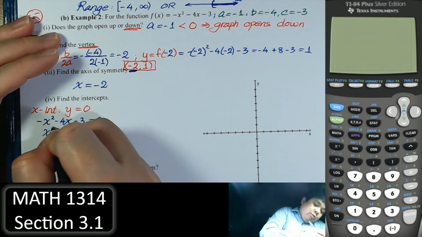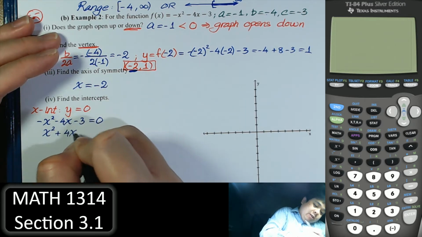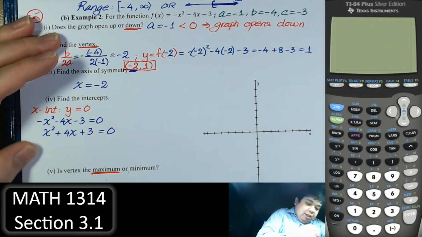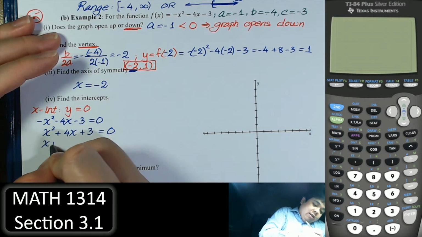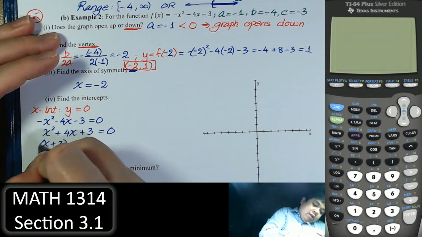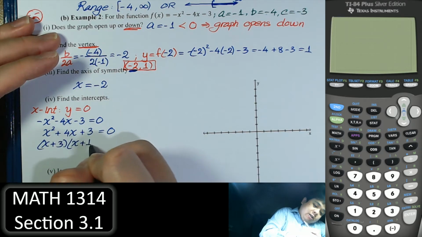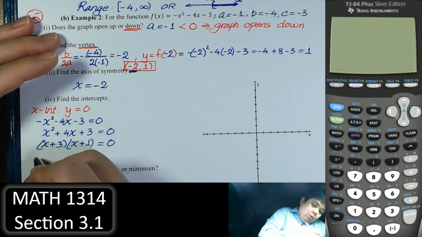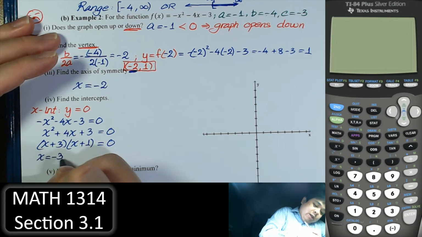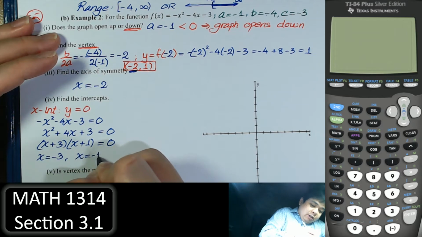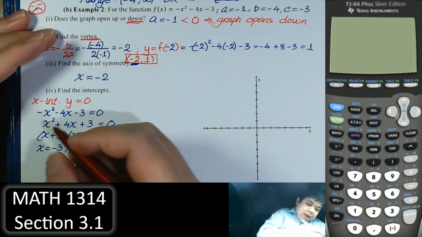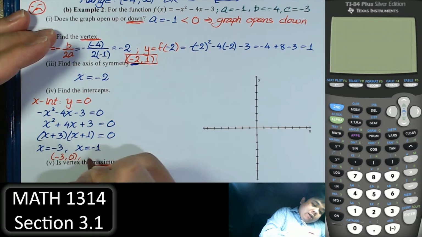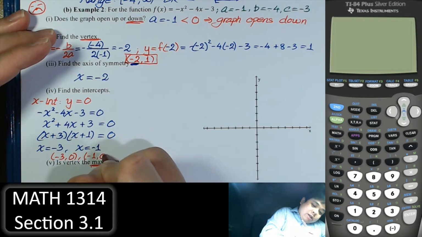All of this turns to positive. And we will have the factors of x plus 3 and x plus 1. So we have x equal to -3 and x equal to -1. So the x-intercepts are -3, 0 and -1, 0.